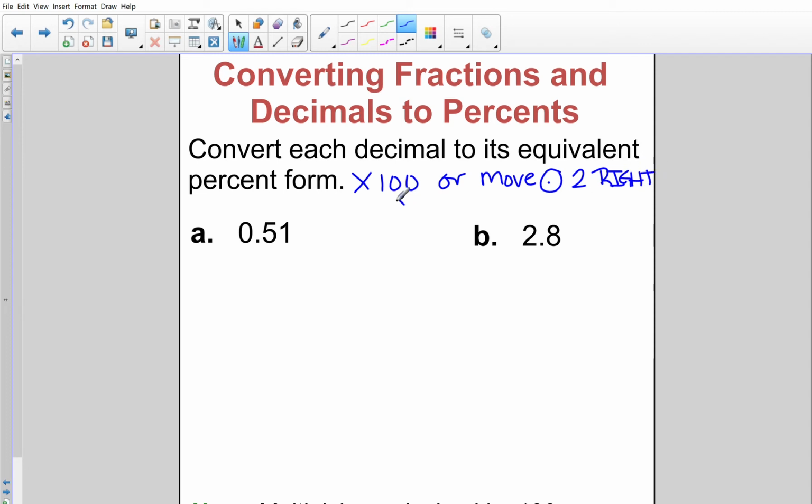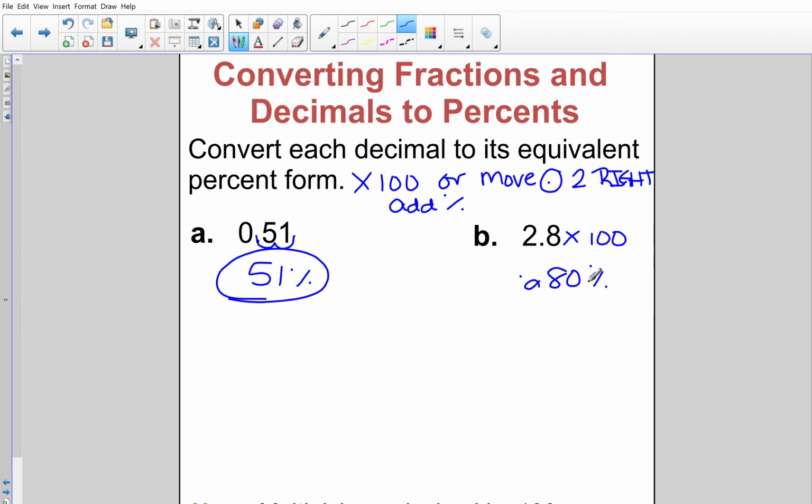And we're going to add a percent sign. So we're changing it into percents, we're multiplying. So again, this is moving it to the right or multiplying by 100, and I have 51%, and you do need to label it. So this is multiplying by 100, I have 280%, that's a 2.